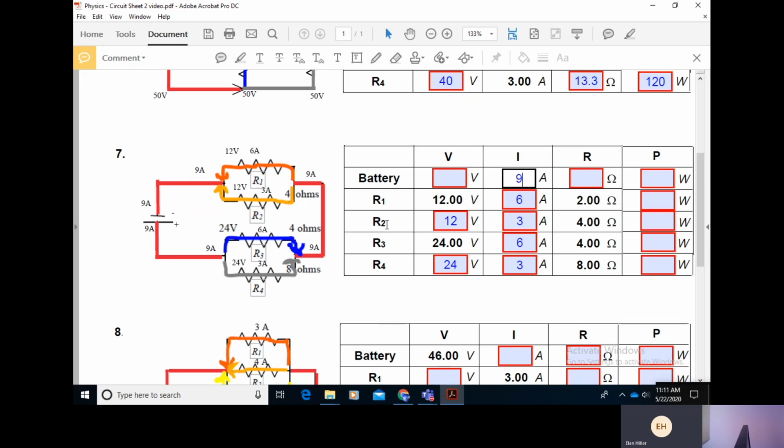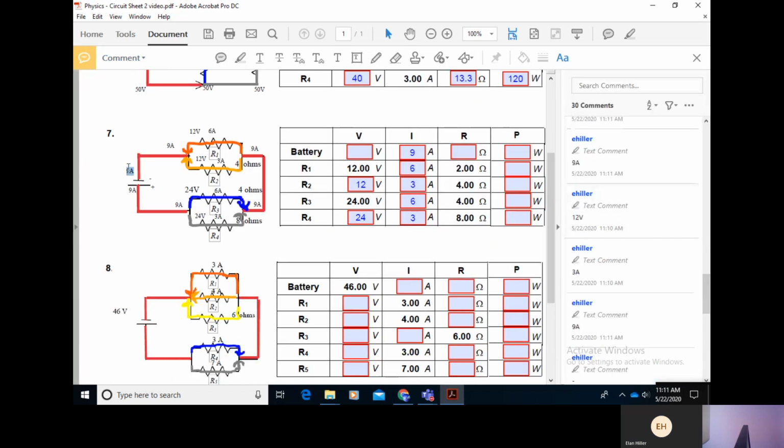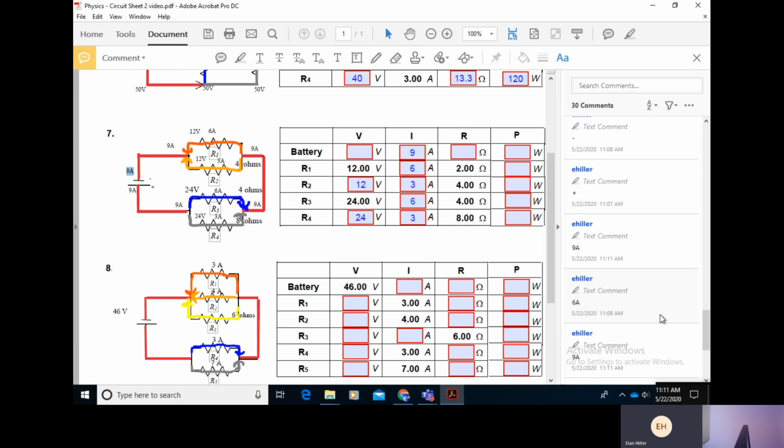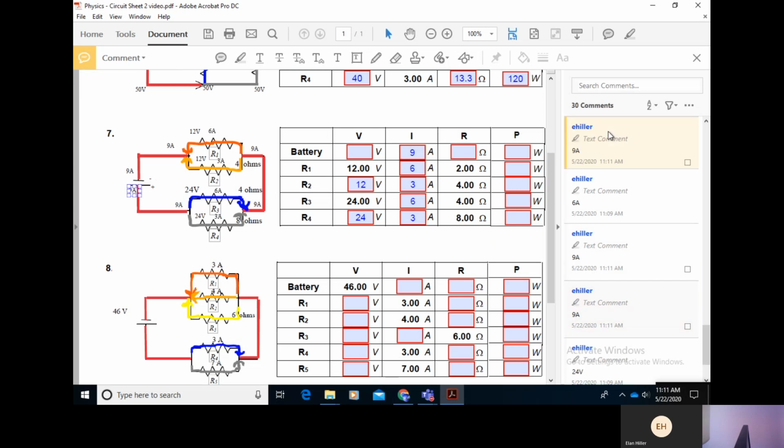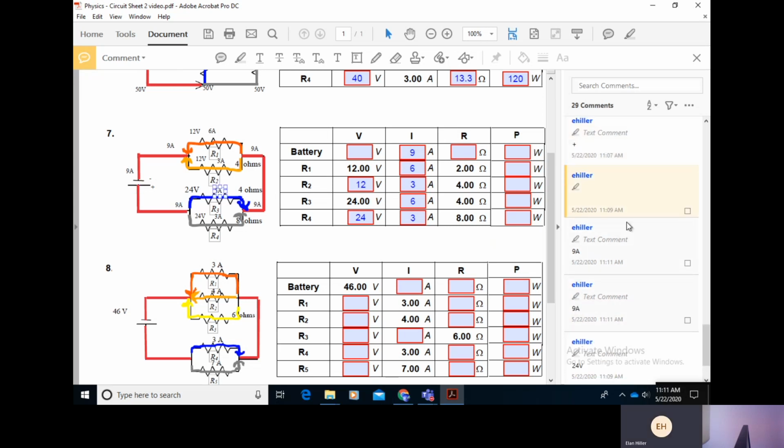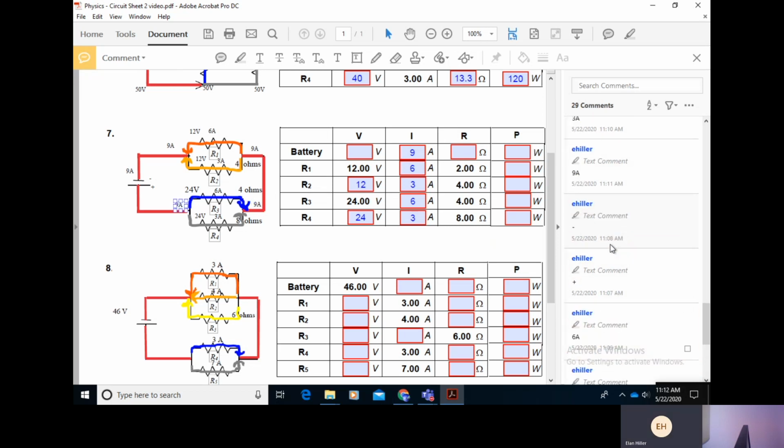Okay, now what about your voltage? All right, we know the total voltage is going to drop all the way to 0. Okay, I'm going to erase this. Okay, there we go.